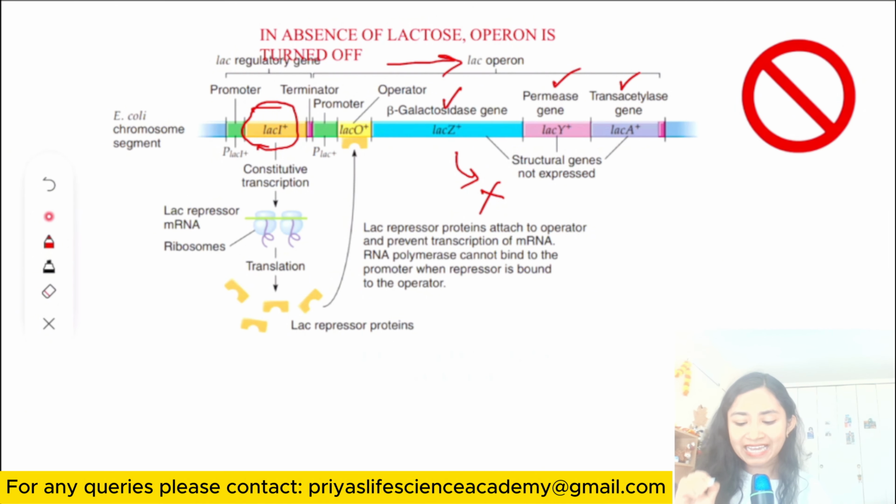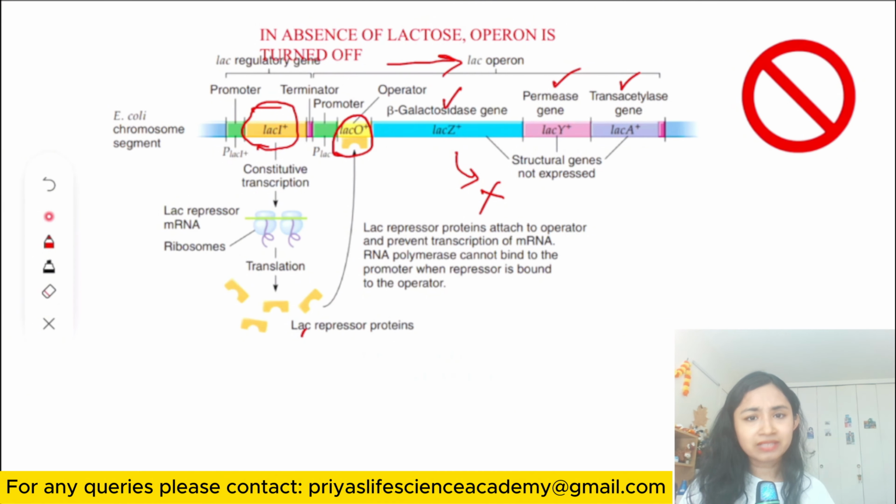And this lac repressor has the affinity to bind with the lac operator region. Point to be noted, these lac repressors can bind to the operator region. So whenever there is an absence of lactose, this lac repressor can easily bind with the lac operator region.